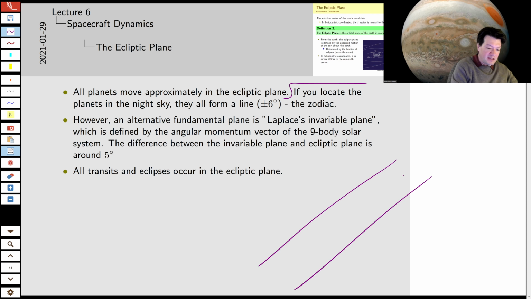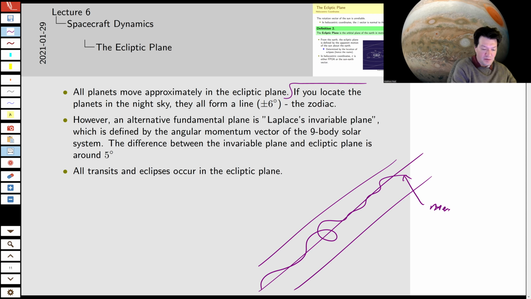And the motions of the planets can be a little bit irregular, looking like that. That's because the orbital planes of these planets, for example Mercury, are not precisely aligned with the orbital angular momentum vector of the Earth. The angular momentum vector of Mercury is slightly different.